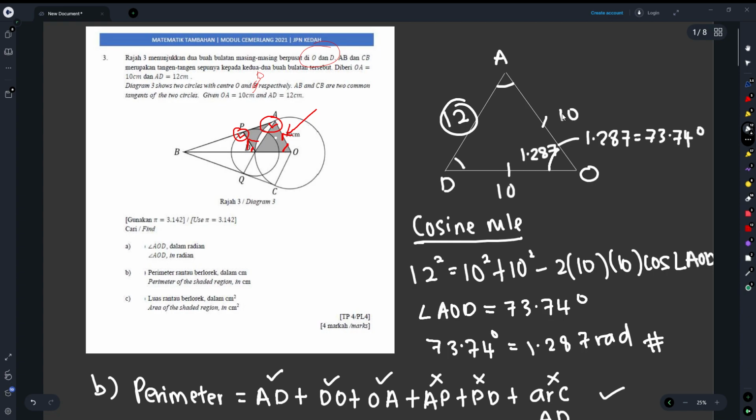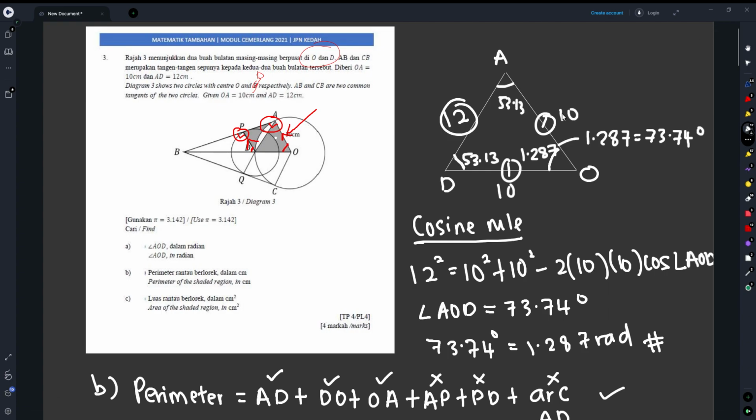So press calculator, 180 minus 73.74 divided by 2, and you will get 53.13 and 53.13 here. Both angles are the same because their lengths are the same. So please take note, the angle ODC here is 53.13. Please keep that in your mind, very very important.